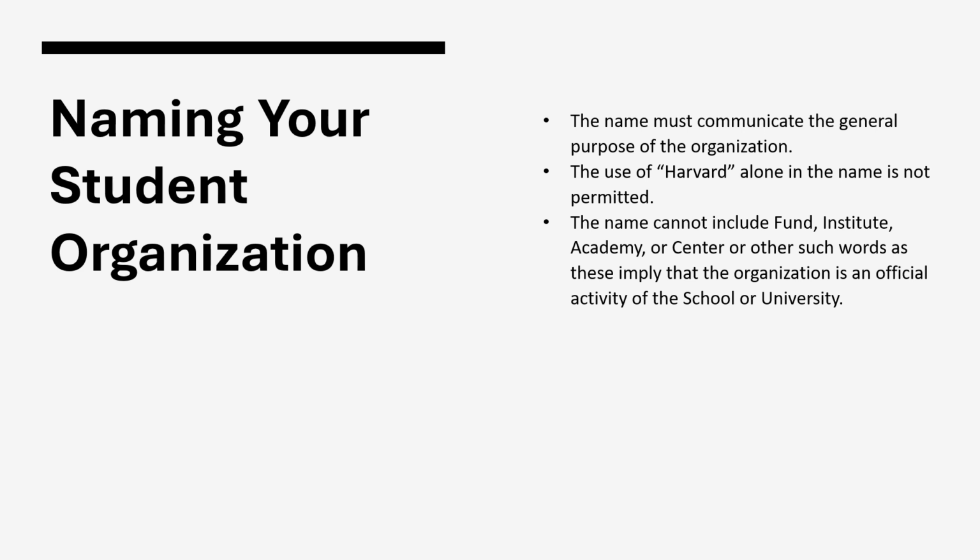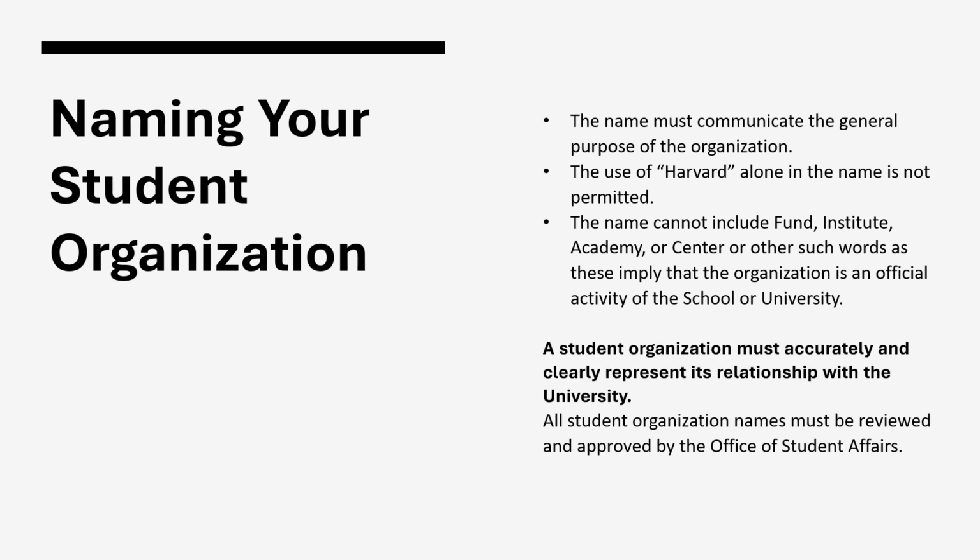Harvard is comprised of 12 schools, hundreds of departments, offices and centers, and thousands of students, faculty, and staff. Therefore, a student organization's name must accurately and clearly represent its relationship with the university. This helps avoid confusion and misinterpretation regarding an organization's university affiliation.